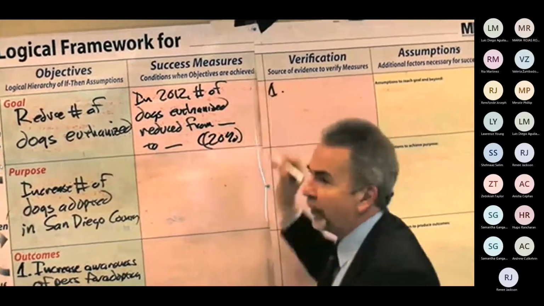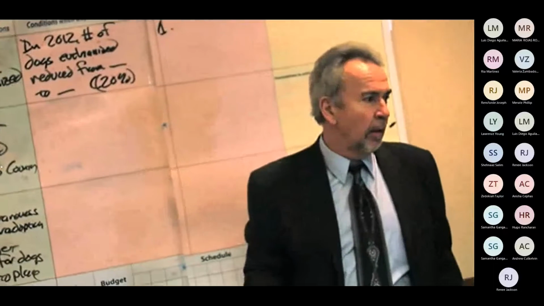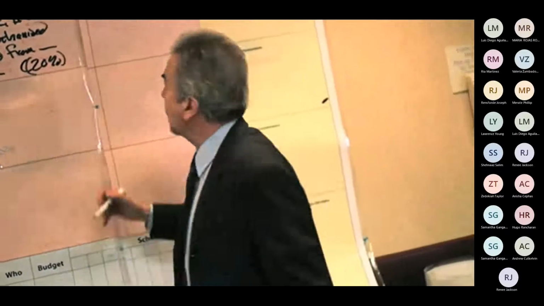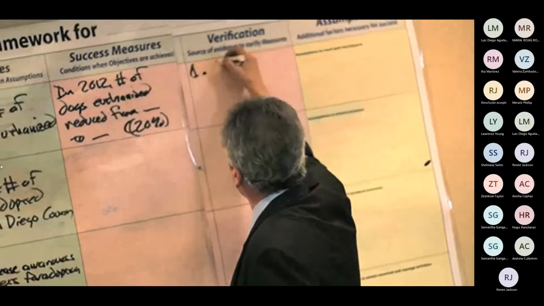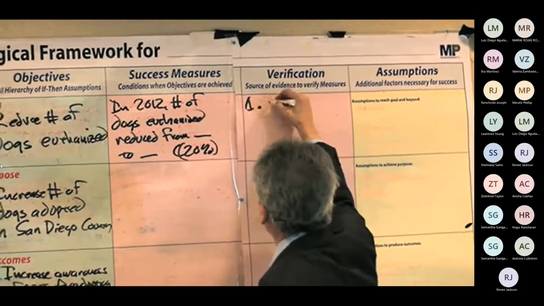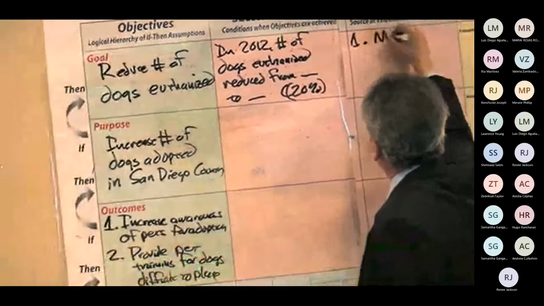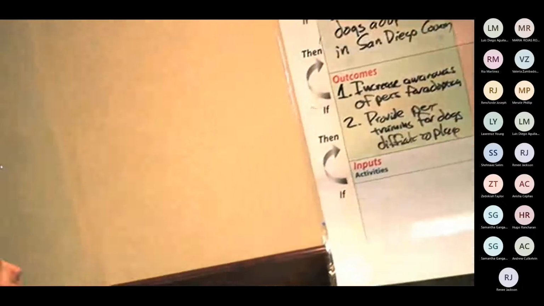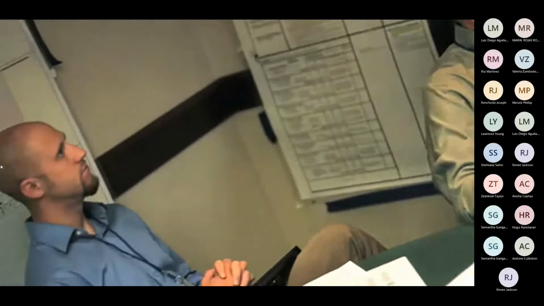Okay, means of verification for that would be, measure the number of dogs euthanized. Right, so it would be, measure 2011, measure 2012. Right, okay, so medical records. Medical records is the place where they euthanize.